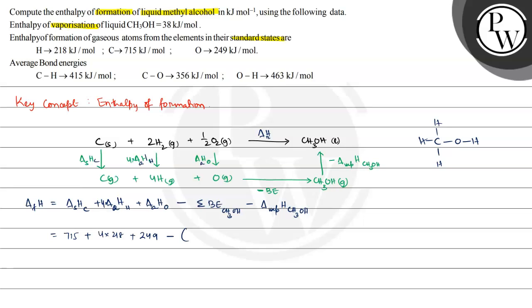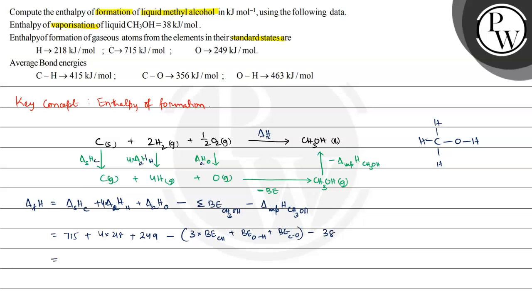So 3 carbon hydrogen bonds plus 1 carbon oxygen bond plus 1 oxygen hydrogen bond. So 3 multiplied by bond enthalpy of CH plus bond enthalpy of OH plus bond enthalpy of CO minus vaporization of CH3OH, that is 38 kilojoule.